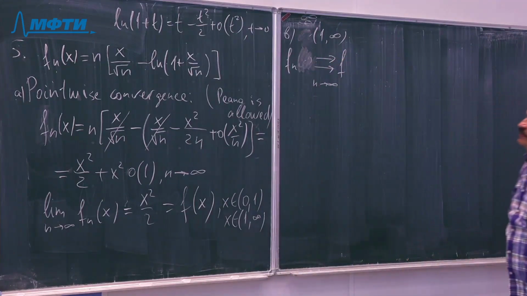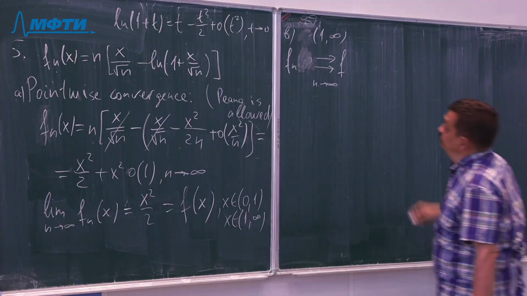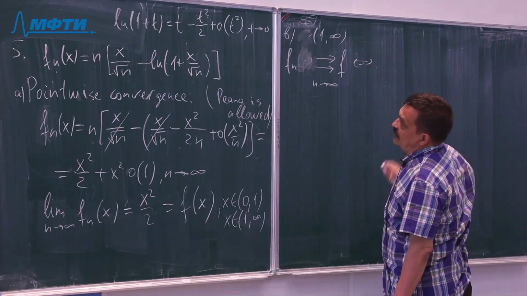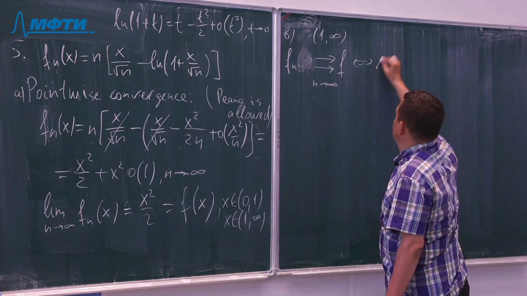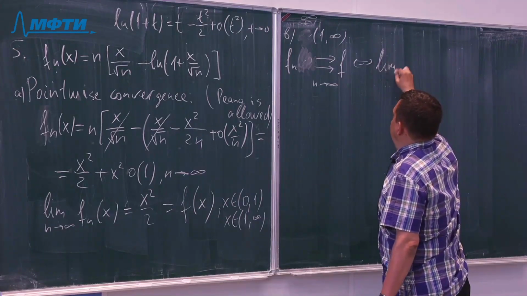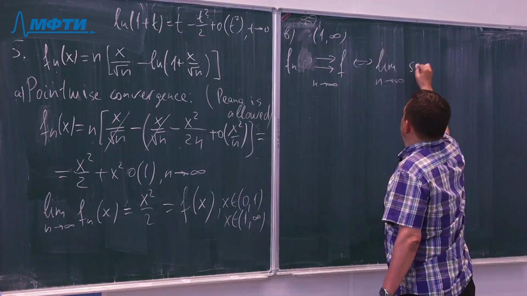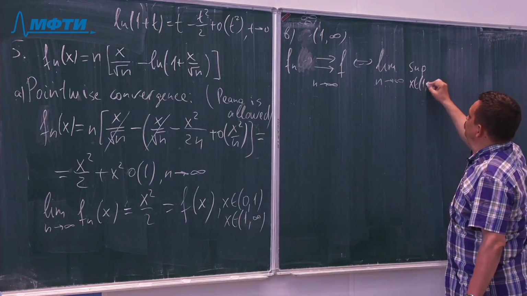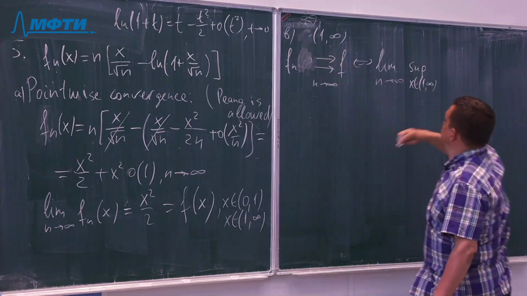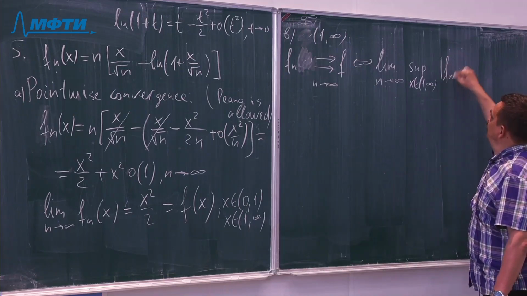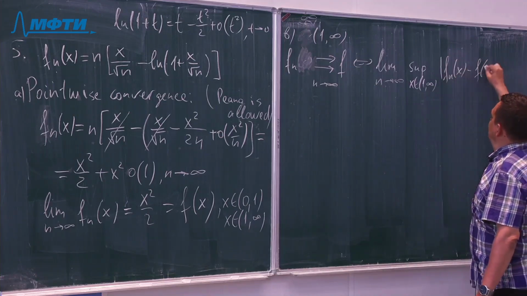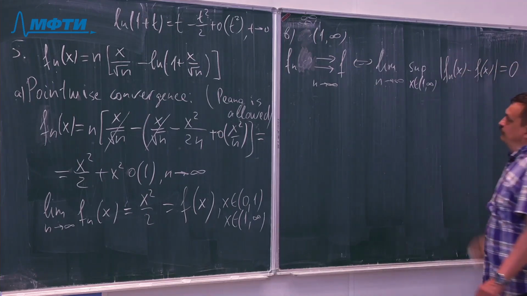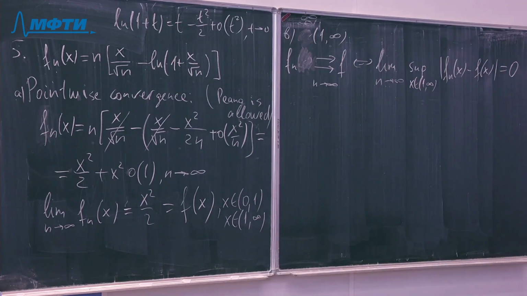So f_n tends to f uniformly is equivalent to saying that the limit as n tends to infinity of the supremum for x in 1 to infinity of |f_n of x minus f of x| equals 0. That is uniform convergence, by the definition.